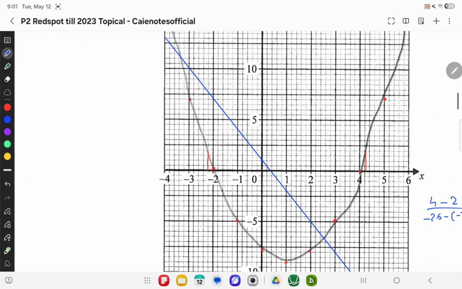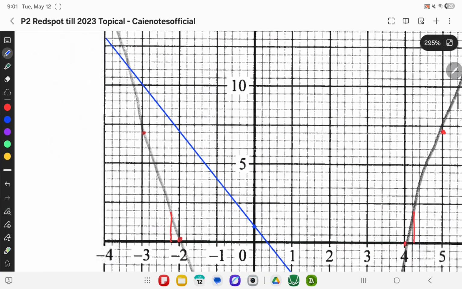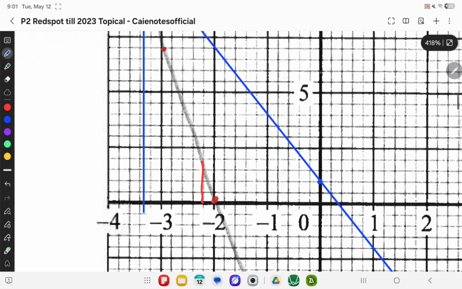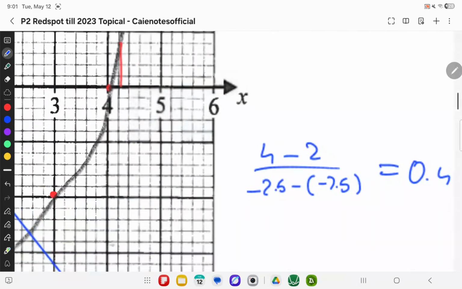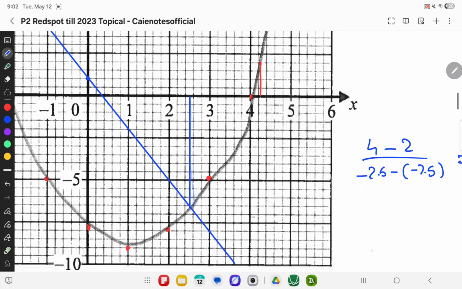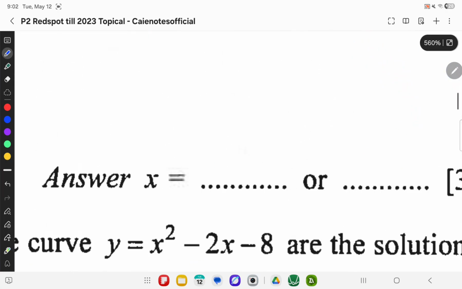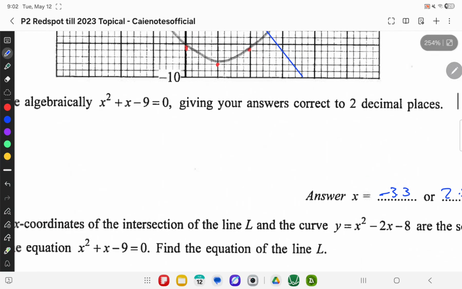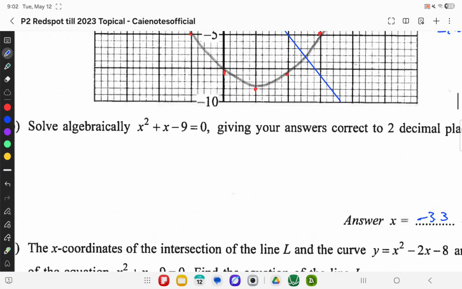Now here we can estimate it roughly. This is about negative 3.3, and this point is about 2.5. Obviously, this will give you an irrational number.